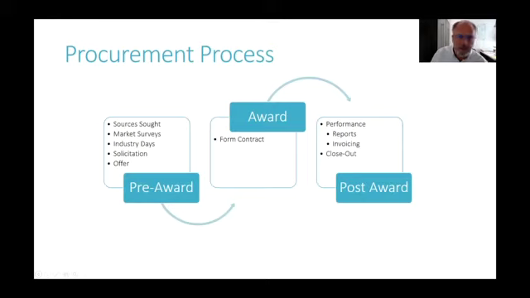One question that I do get sometimes on this is, what is the timeline on that? And a good answer when it comes to the federal government is it depends, right? I have seen from the time a sources sought goes out to a contract being awarded being close to 2 years.